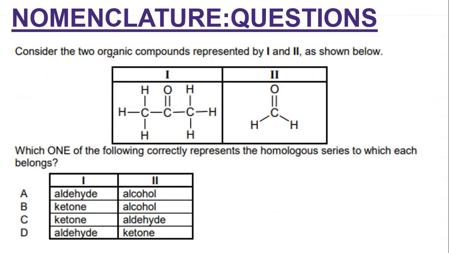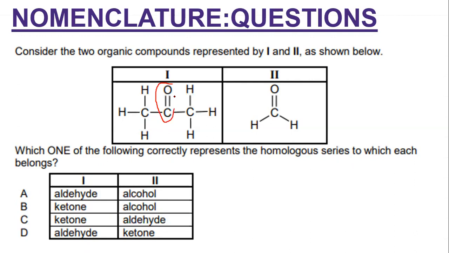Furthermore, we are asked to consider the 2 organic compounds represented by 1 and 2 as shown below. Then they ask us, which one of the following correctly represents the homologous series to which each belongs? So for molecule 1, they are giving us the class of homologous series. For molecule 2, they are also giving us the class. Number 1, let us check this one. We can definitely see that it's a ketone.